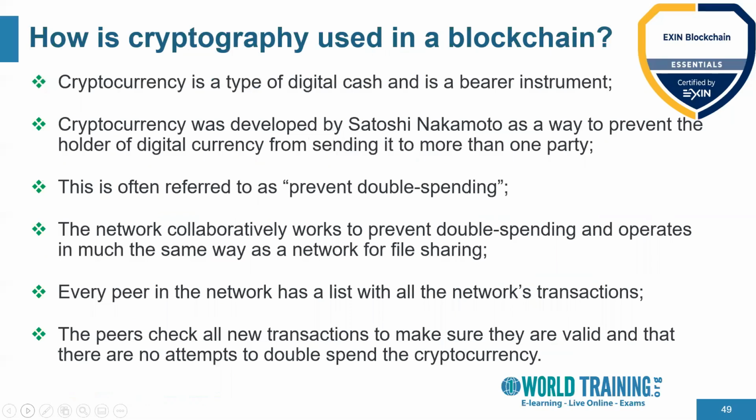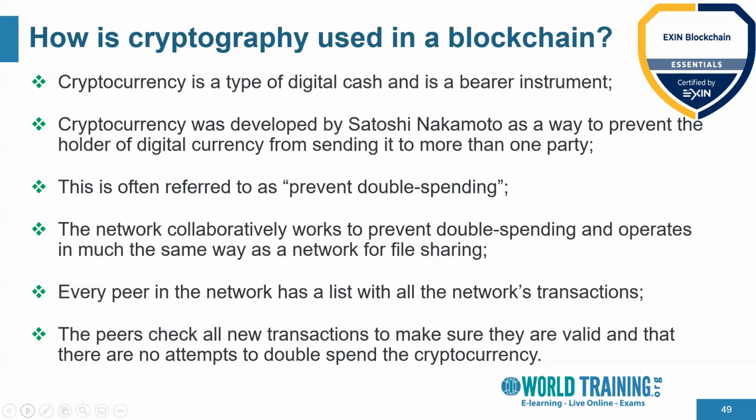Now, how is cryptography used in a blockchain? Cryptocurrency is a type of digital cash, a bearer instrument identified as a value between two parties. Cryptocurrency was developed by, say, Satoshi Nakamoto or someone earlier.